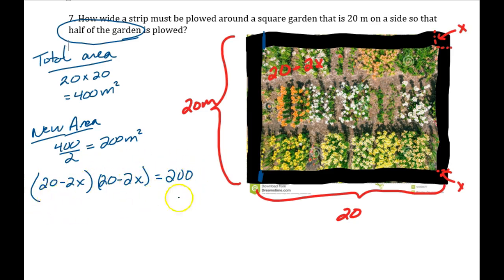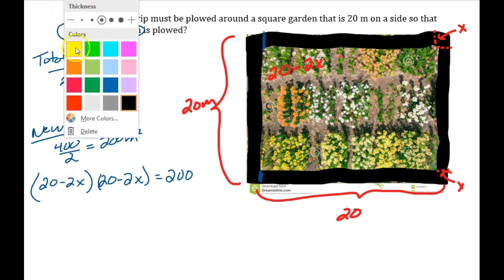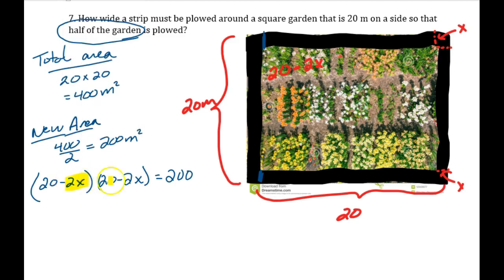Okay, so let's solve this quadratic equation. And we know it's quadratic because you're going to have an x term times an x term, which gives you x squared. So 20 times 20, 400. Take your 20, multiply it to your 2x over here.